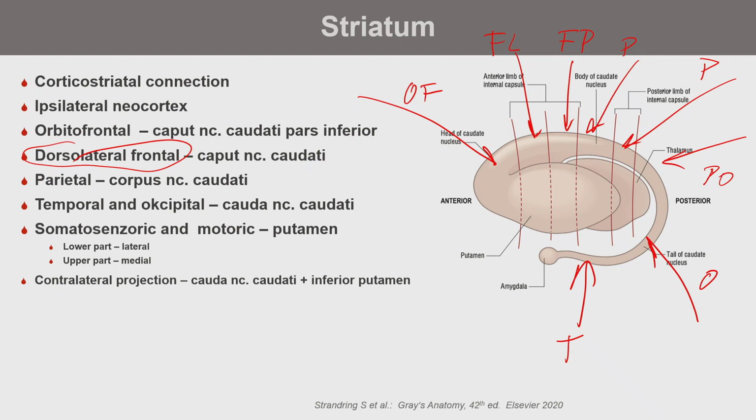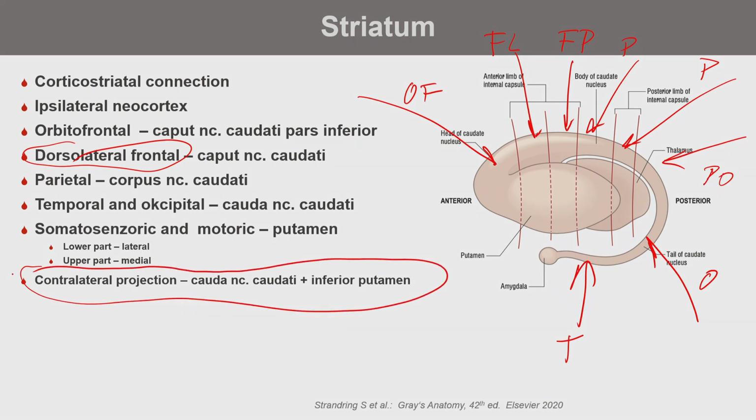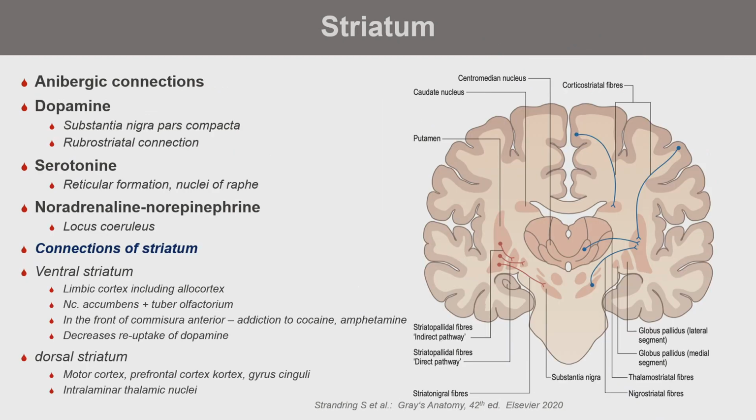So putamen has connections with somatosensory and motor ways, and this is very important because the lower part has lateral and the upper part has medial connections. Contralateral projections are minor, and only the inferior putamen and the cauda of the caudate have a connection with the contralateral hemisphere.